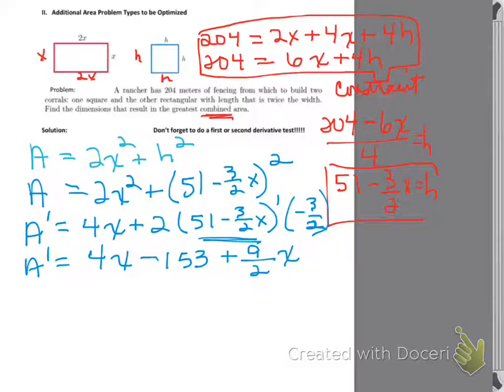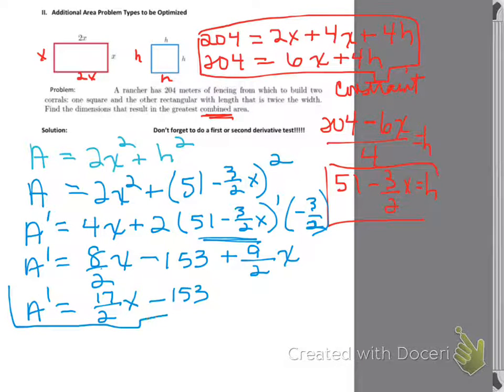So I have 4x, but then I have 9/2 x. So what I could do is make 4x 8/2 x. So now my A prime is going to be 8/2 x plus 9/2 x, so that's 17/2 x minus 153. Okay, that is my first derivative.